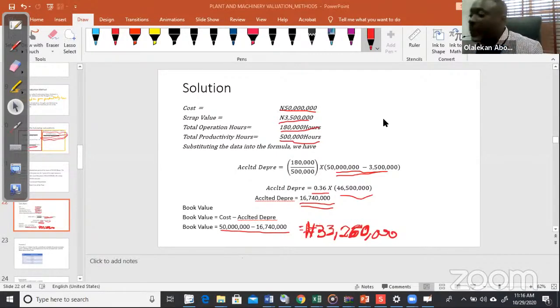Over the past 8 years, however, the plant has been operating at 6 hours per day for 5 working days in a week.